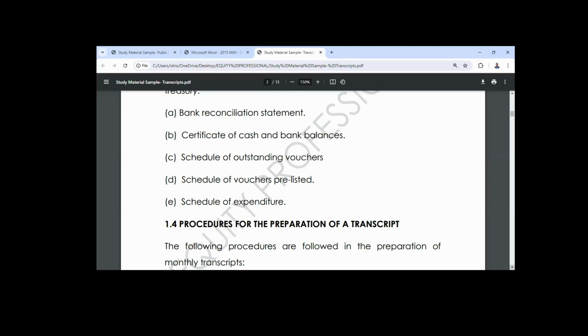All this will be attached to the transcript if you want to submit it to the Accountant General at the end of the month.